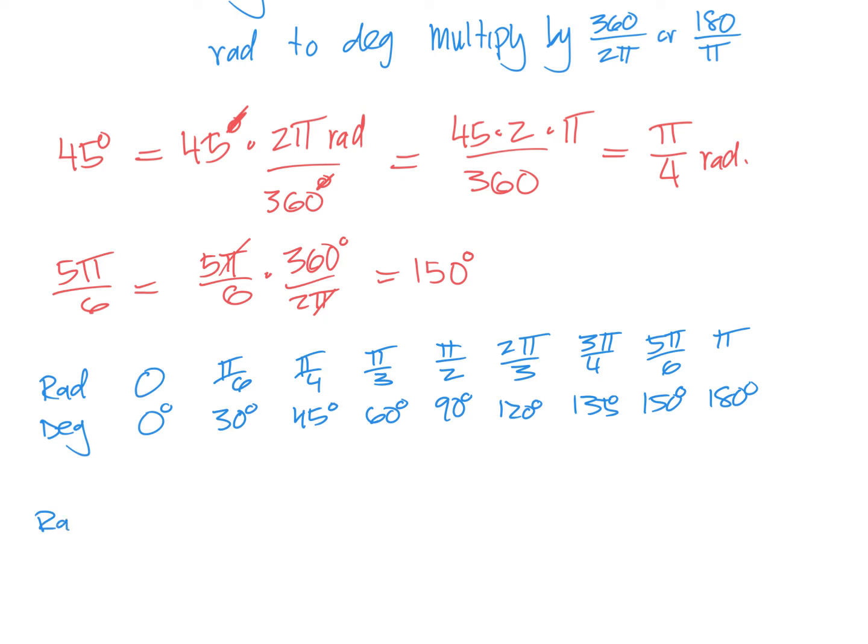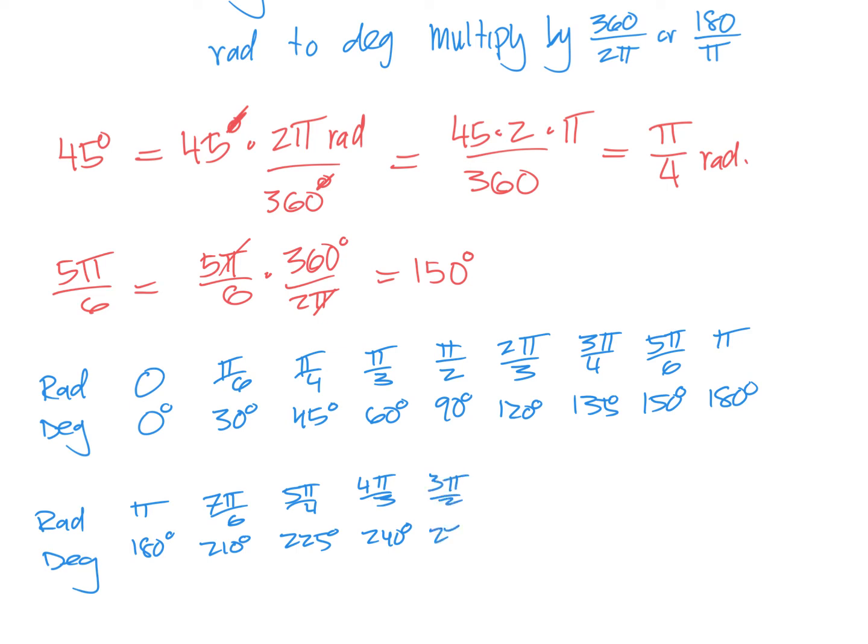Continuing on, pi, as we said, is 180 degrees. 7 pi over 6 is 210 degrees. 5 pi over 4 is 225 degrees. 4 pi over 3 is 240 degrees. 3 pi over 2 is 270 degrees. 5 pi over 3 is 300 degrees. 7 pi over 4 is 315 degrees. 11 pi over 6 is 330 degrees.